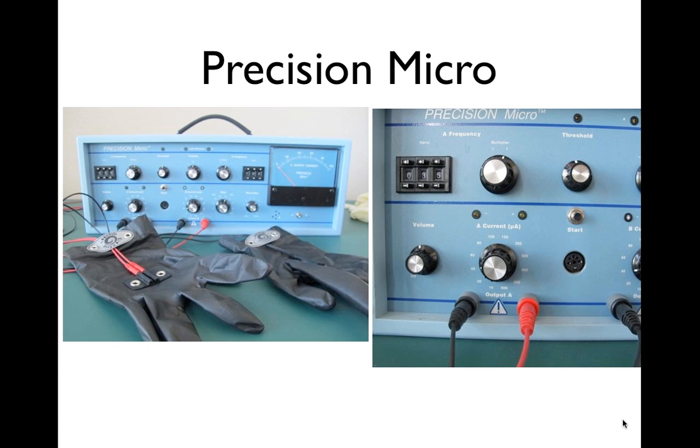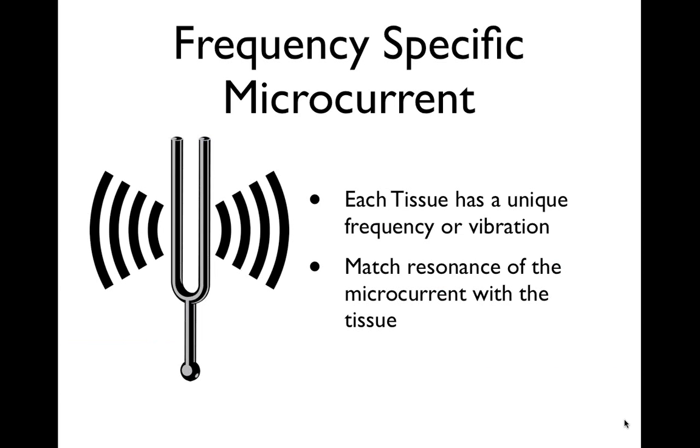A big advance was using frequency specific, and this is one of the older frequency specific machines where we would dial in different frequencies and see how they would affect the tissue. And the goal was that each tissue has a unique frequency or vibration. And what we want to do is match the resonance of the microcurrent or frequency with the tissue.